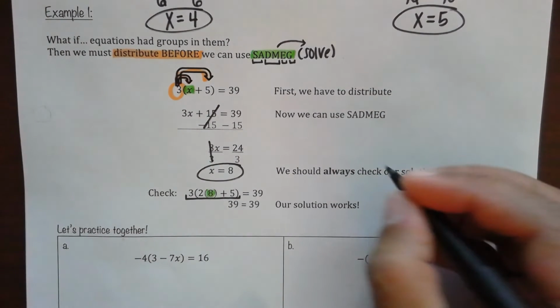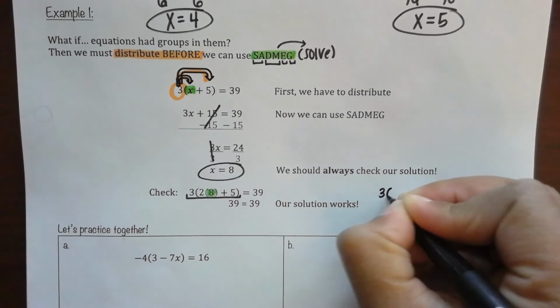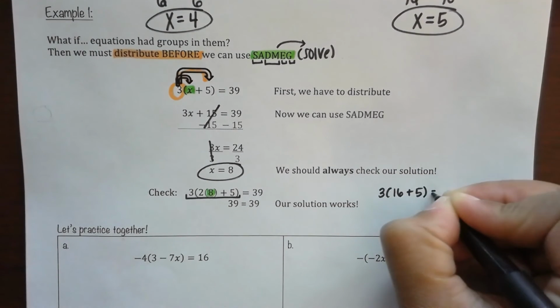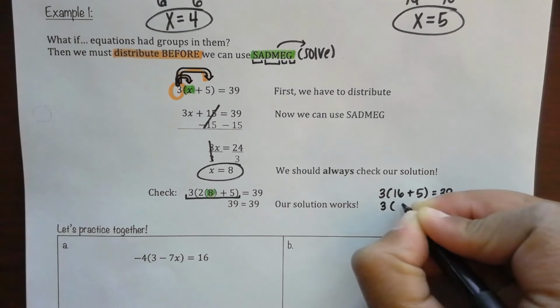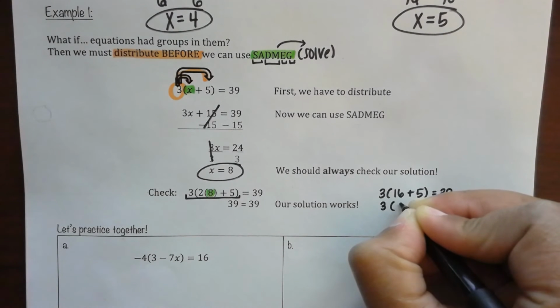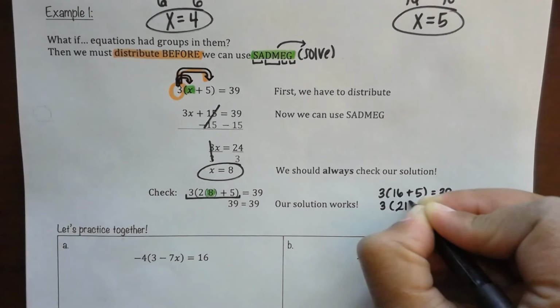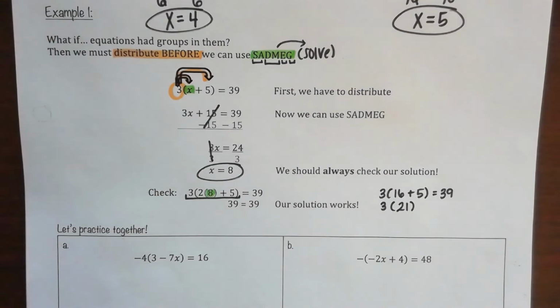I'm going to show you all the extra work over here. Hang on real quick. 16 plus 5 that makes 21.